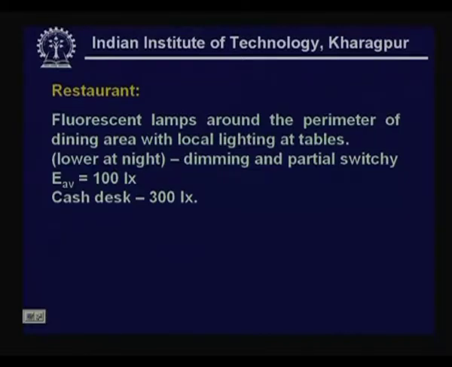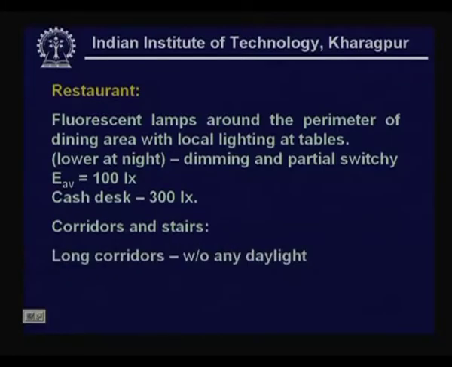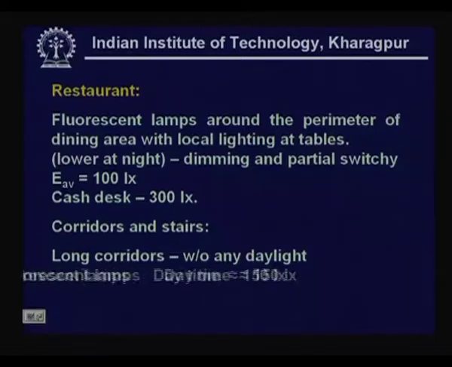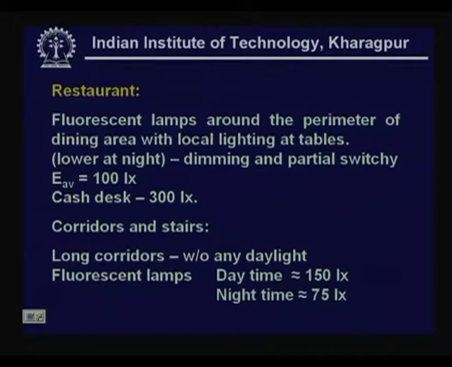Corridors and stairs should have artificial lighting. As I was telling, as in the case of tunnels and closed corridors, even during daytime you need higher illuminance levels. So the recommendations are that you need about 150 lux during the daytime, whereas it's only 75 lux during the night.